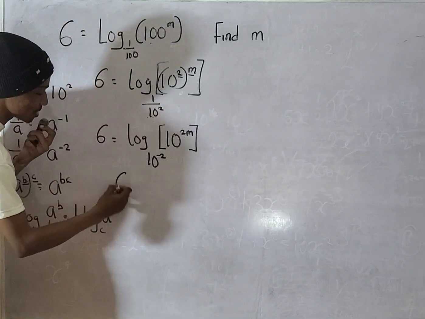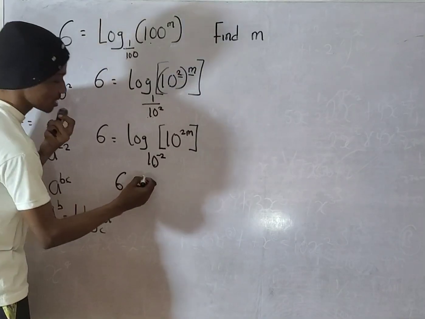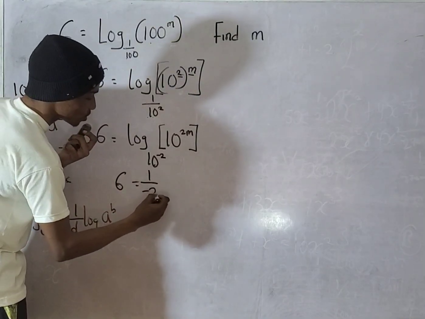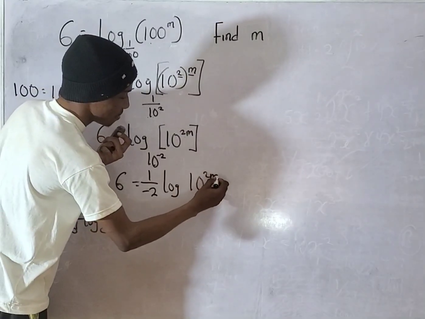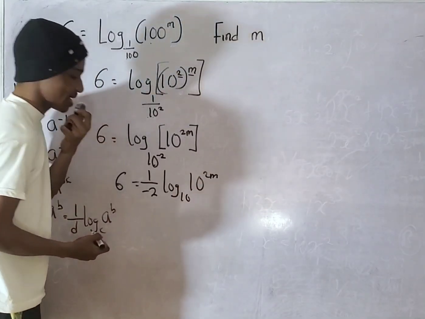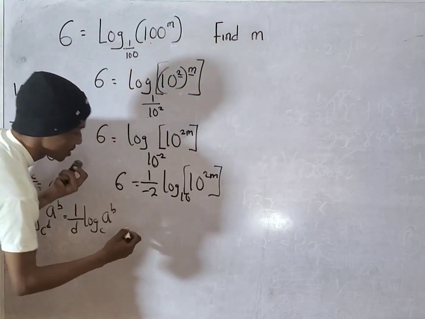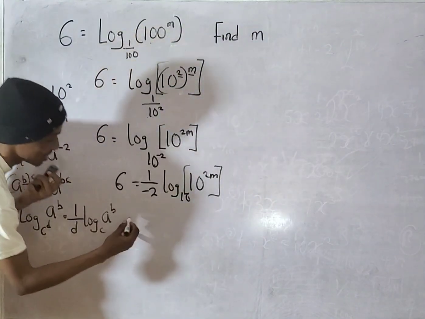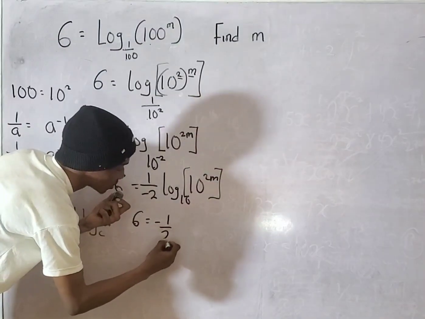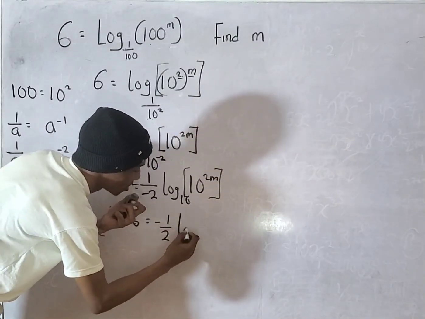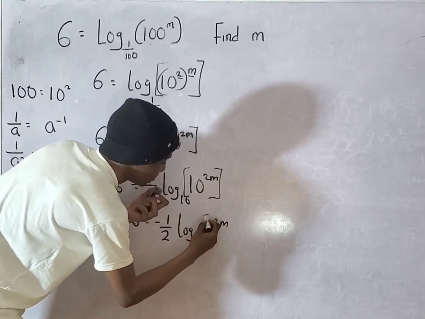So the logarithm becomes 6 equals, now 1 over negative 2, that is negative 1 over 2, log of 10 raised to the power of 2m, base 10. So don't forget the bracket.